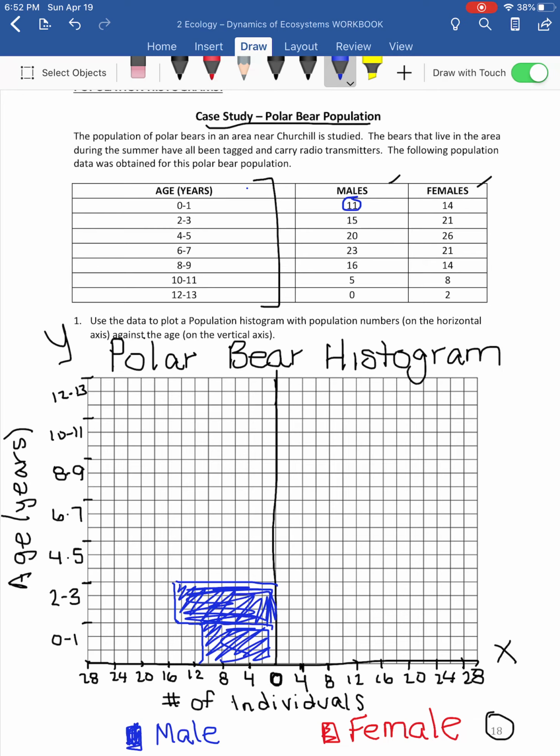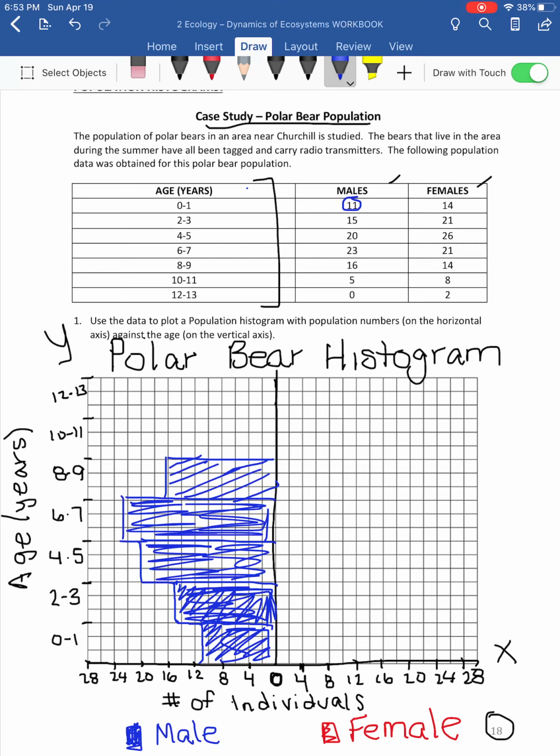Okay, 4 to 5 is 20 individuals, 20 males. Okay, 23 between 6 to 7. 16 between 8 and 9. 5 between 10 and 11.